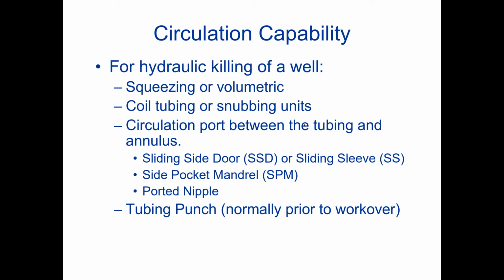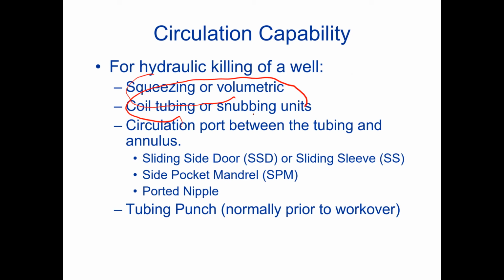We also need circulation capability because it might be necessary to kill the well. We discussed squeezing and volumetric methods earlier. We discussed coiled tubing and snubbing unit.